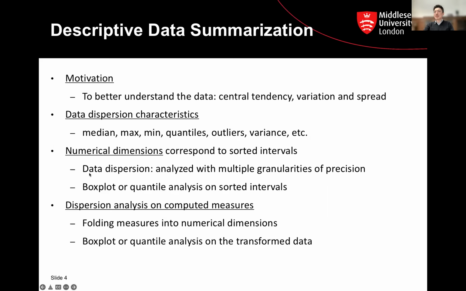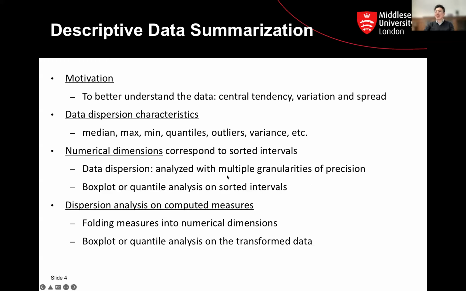Okay, and in terms of data dispersion, it means analyzing with multiple granularity or precision. So you could, for example, analyze the data at the most detailed precision, for example, just look at the raw data, each individual number.